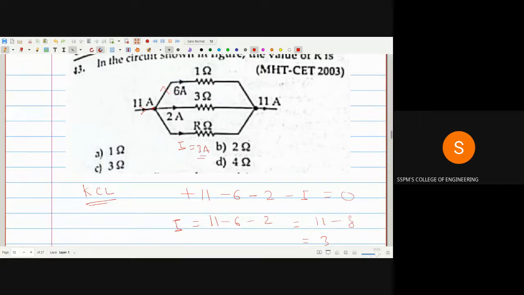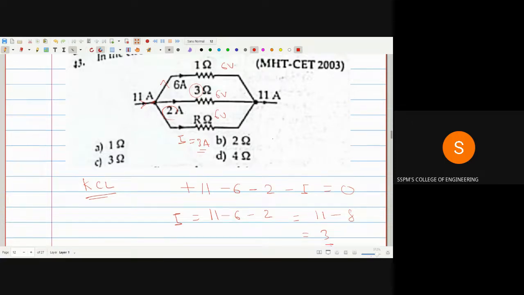Isn't it? Now we have to find the value of R. The other concept to apply is that the voltage across the parallel combination is the same. Voltage across 1 ohm is 6 into 1, so 6 volt. Voltage across 3 ohm is 3 into 2, also 6 volt. And the voltage across R will also be 6 volt, because 1 ohm, 3 ohm and R ohm are connected in parallel, and in the parallel combination the same voltage appears across the resistances.